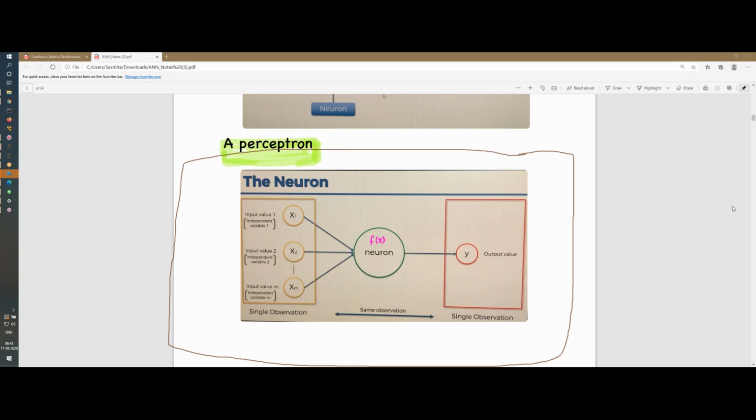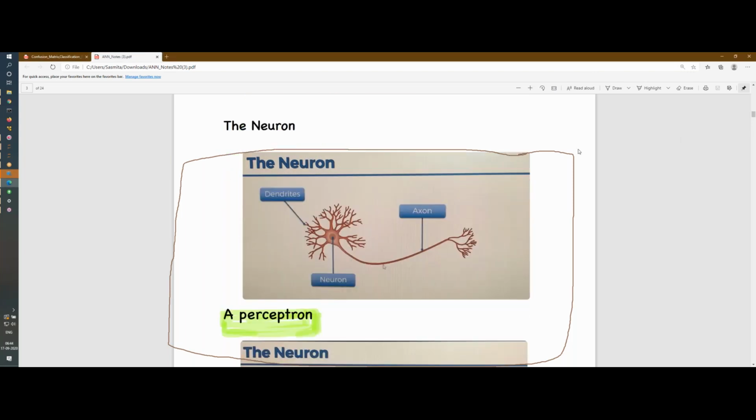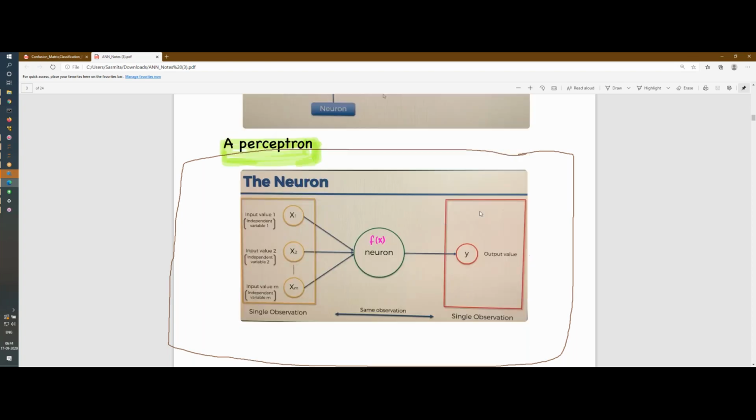There are dendrites which are connected to the neuron, and then from the neuron we have action. So see this: dendrites, neuron, action. Very similar is how the perceptron looks. We have inputs, a neuron, and then an output.